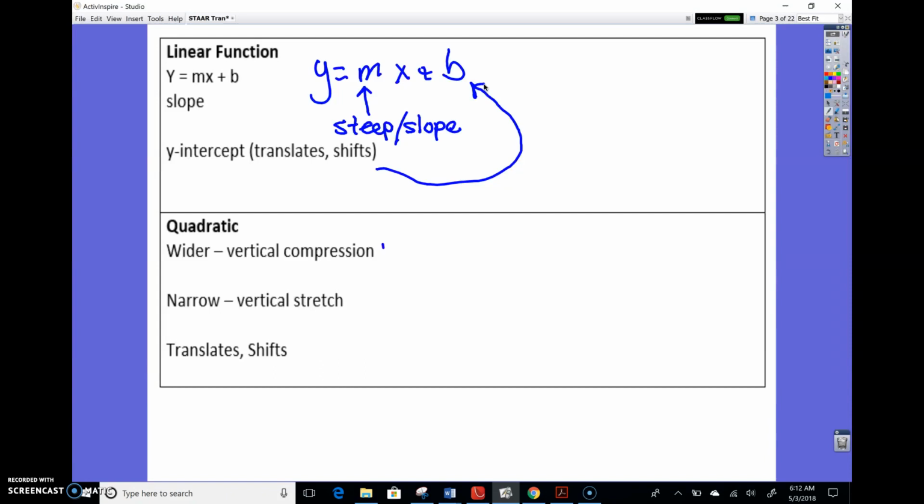These two right here affect the a. The bigger the a, the more narrow it is.